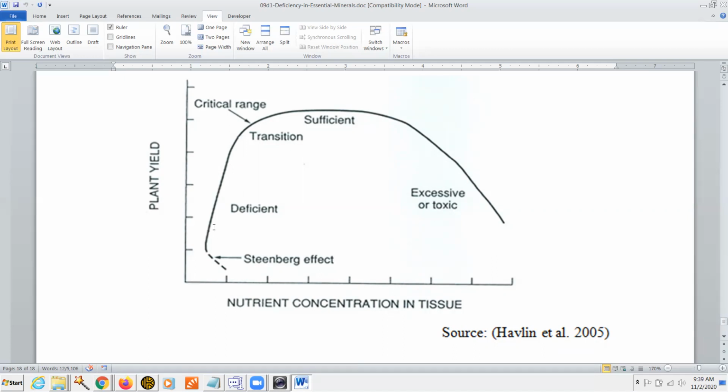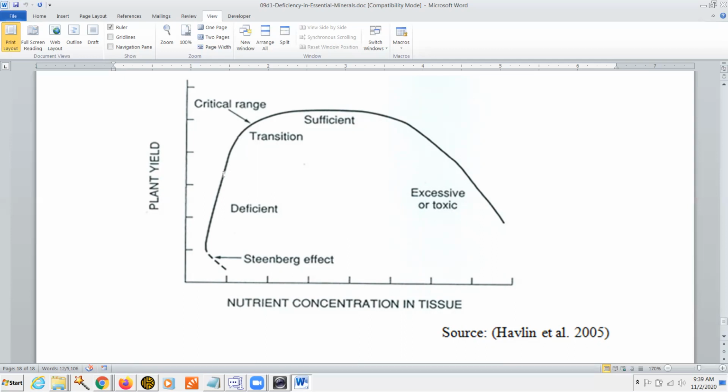And so you have this deficiency up to this critical range area where the plant is starting to have good production, good yield. And you have symptoms that can vary in severity and timing depending on how far down this deficiency curve you are.